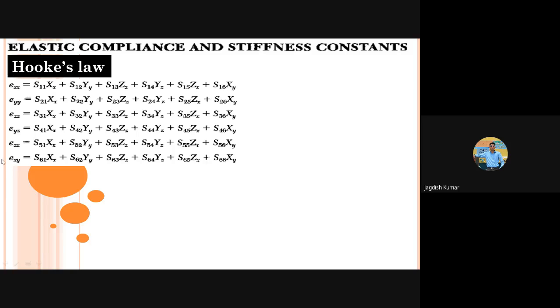These strain components can be related to stress components with the help of this matrix, similar to the one we discussed in the beginning of this unit. This is the general Hooke's law for a three-dimensional body.